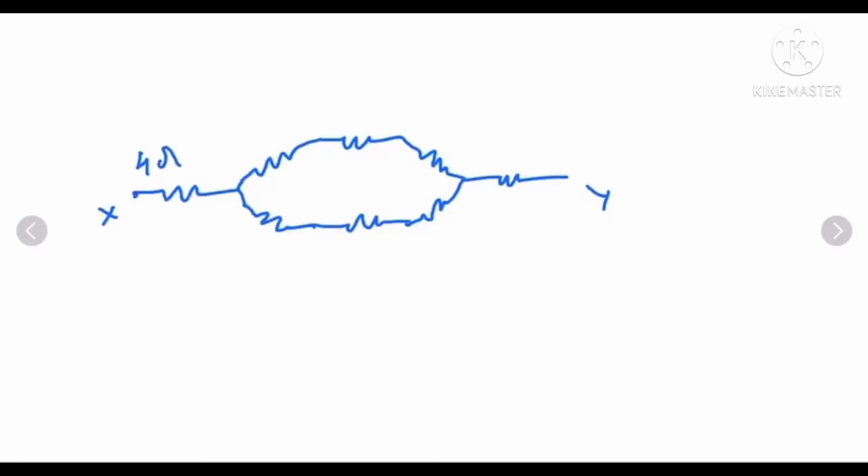So first we had 4 ohm, 4 ohm and 4 ohm. This is your first delta. Then here we had 10 ohm, and here we have 10, 10 and 10.